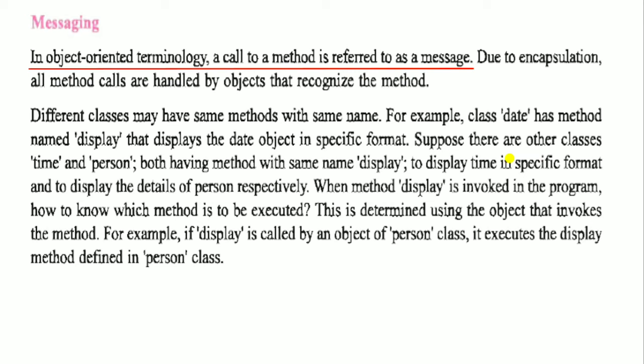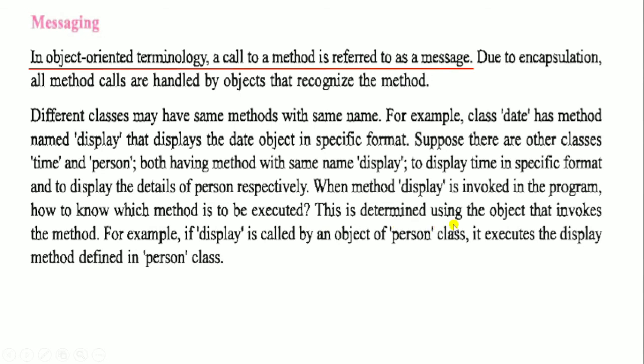So there are three classes, Date, Time and Person, all having a method with the same name display, and we can call it from all the classes, to display time in a specific format and to display the details of a person respectively. When method display is invoked in the program, how do we know which method is to be executed?